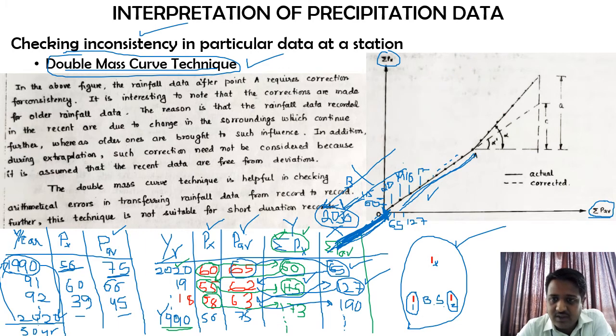Okay, now keeping this in mind, as I told, this is the deviation we have found in the year 2008. Similarly for 2007, 2006, 2005, 2004, 3, 2, 1, and so forth, and the last value is going to be 1990.